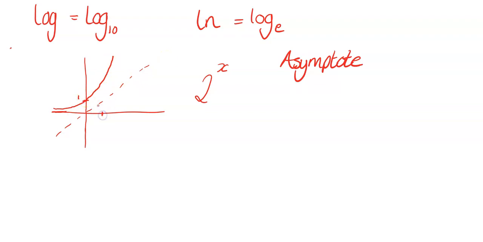So instead of being on the x-axis, the asymptote will be along the y-axis. And instead of curving up to infinity, it will curve horizontally off to infinity that way instead. So it will have an asymptote on the y-axis for a log.